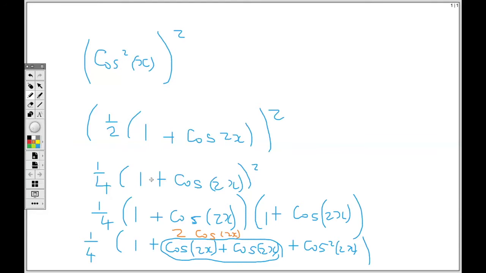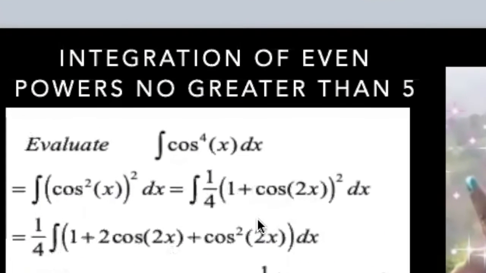So this means that the expansion of cos square x all squared is a quarter, 1 plus 2 cos 2x plus cos square 2x. So that's what we have here. We expand 1 plus cos 2x all squared to arrive at 1 plus 2 cos 2x plus cos square 2x dx.